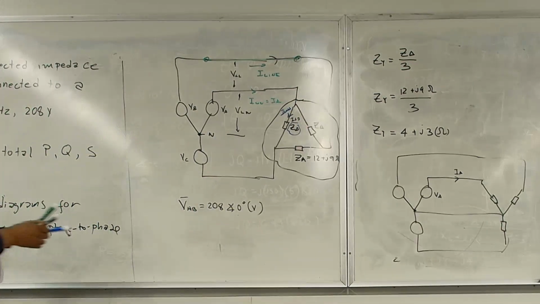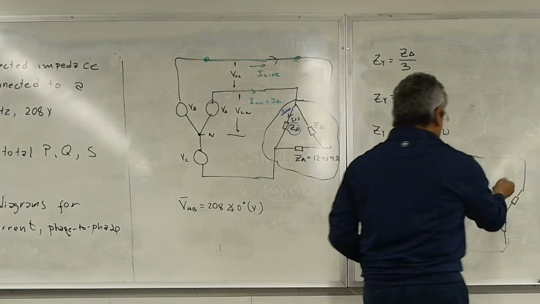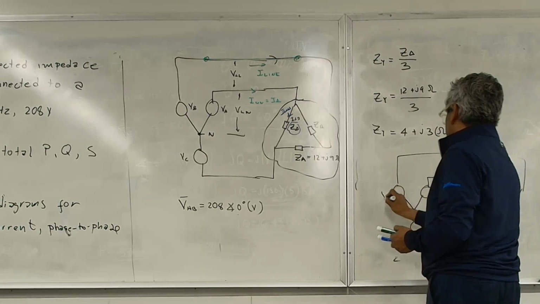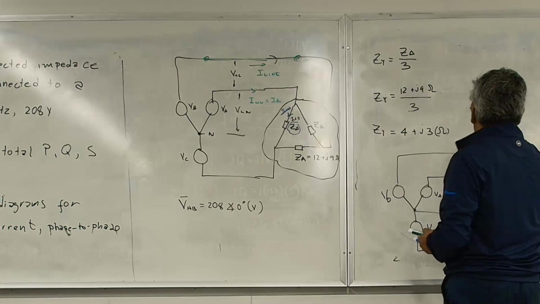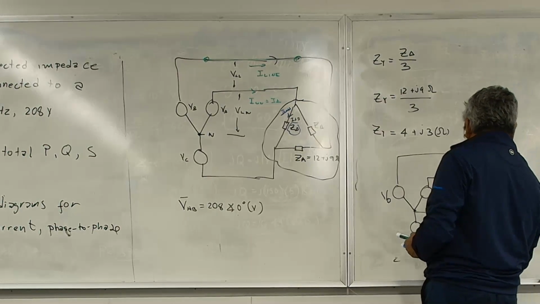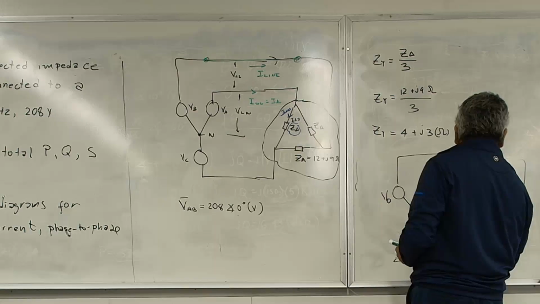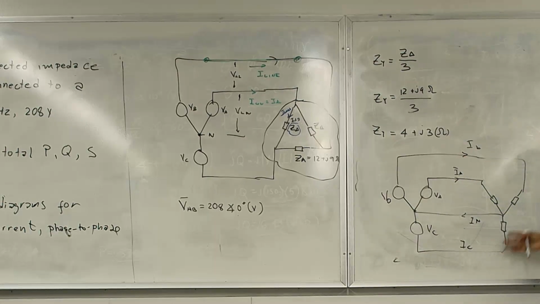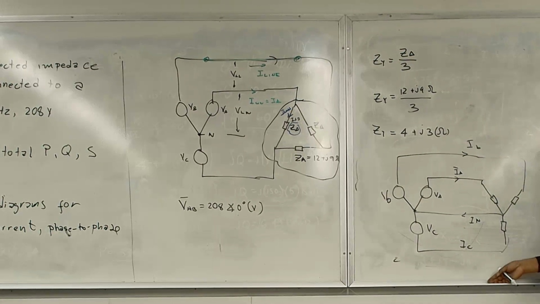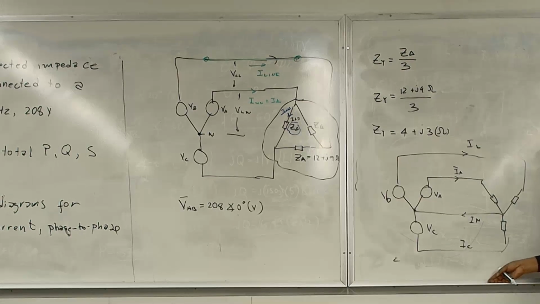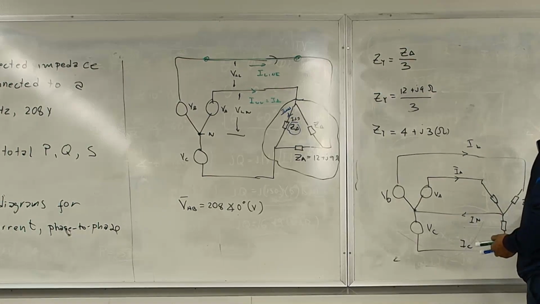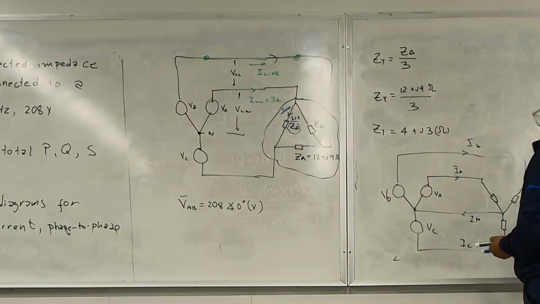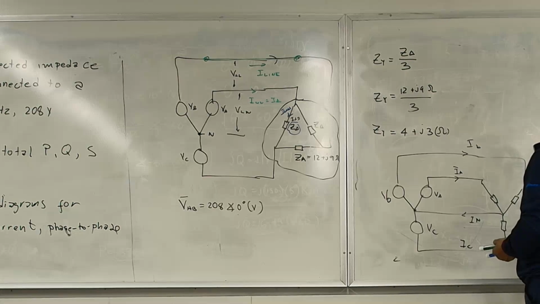Okay, so now that I have the circuit right here, I can say this is V_BC. So I have I_A, I_B, and I_C, and this is my I neutral, which, because this is balanced, if I add those three phases, what do I get? If the system is balanced, same magnitude, I should get 0. But this is Z_Y now, which is equal to 4 plus j3 ohms.